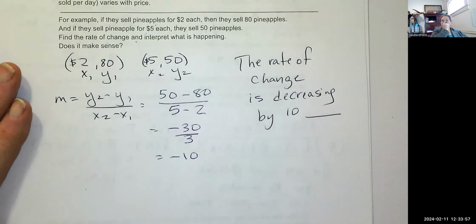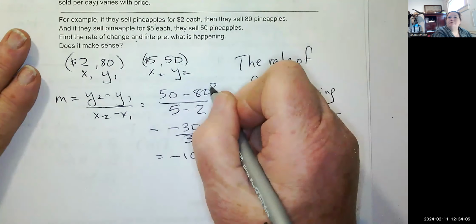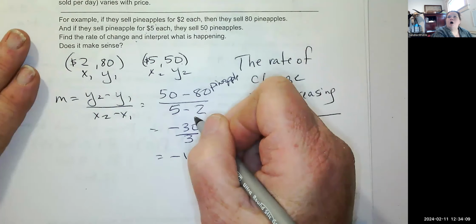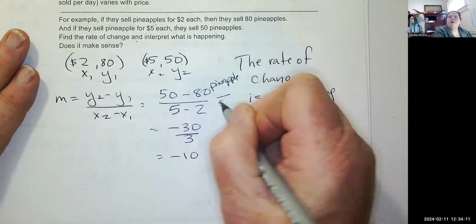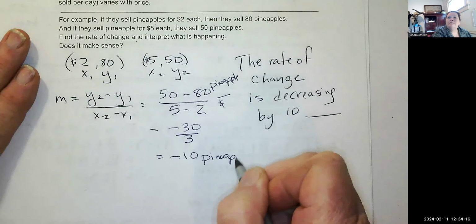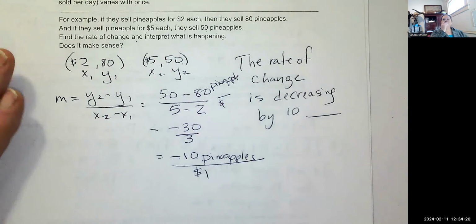To know what this is, you need to know what your Y values are. Your Y values are your pineapples. What are your X values? It's your dollars. So this says negative 10 pineapples per $1.